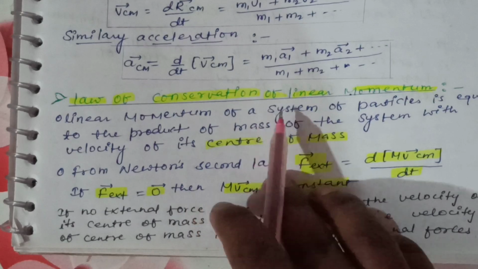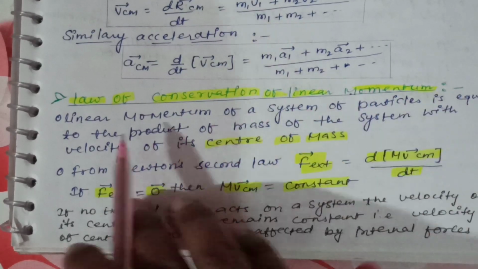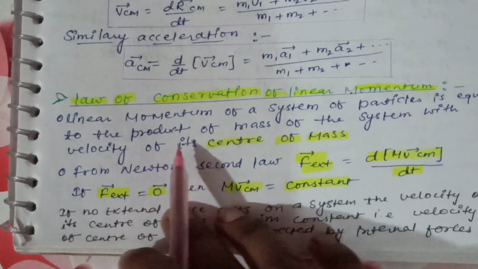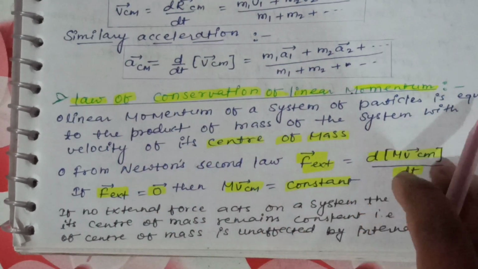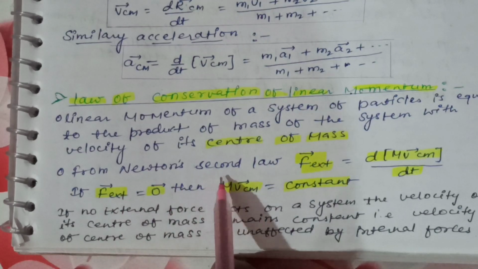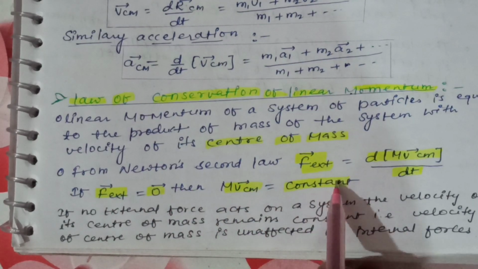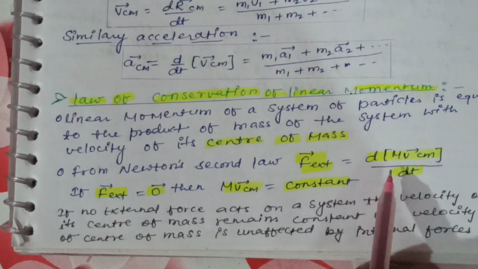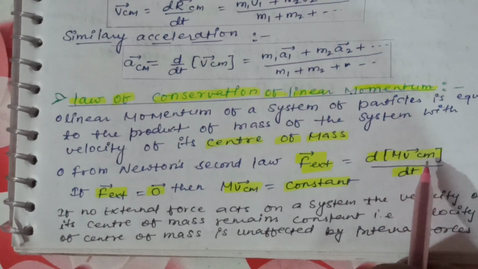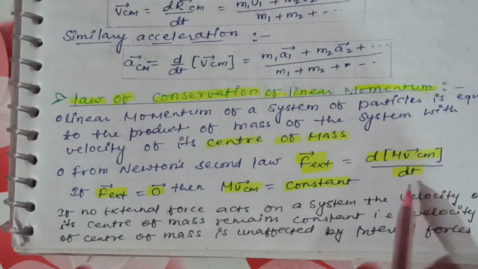Law of conservation of linear momentum. The linear momentum of a system of particles is equal to the product of the mass of the system with the velocity of its center of mass. From Newton's second law, F external is equal to d M v vector cm upon dt.